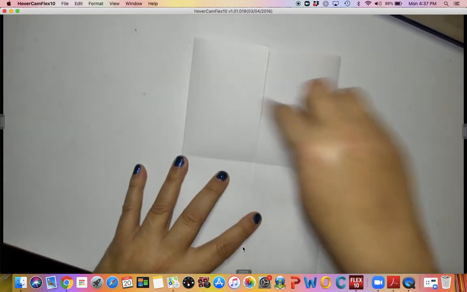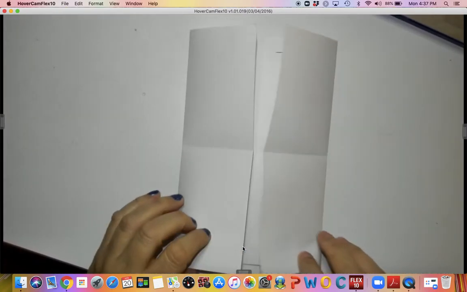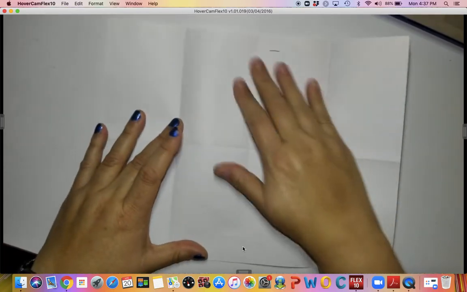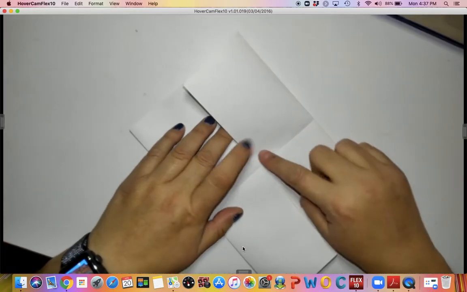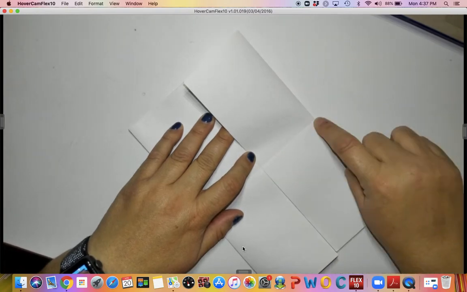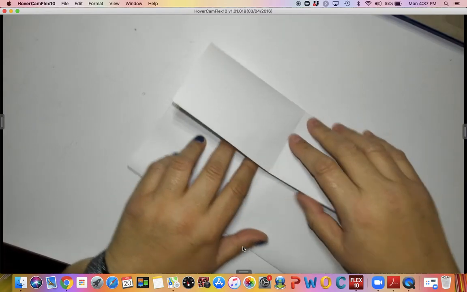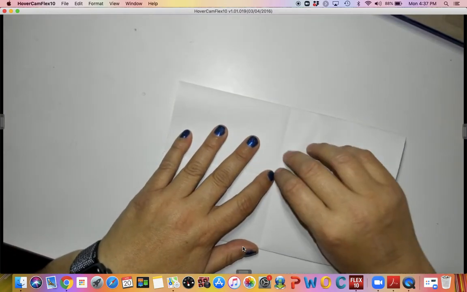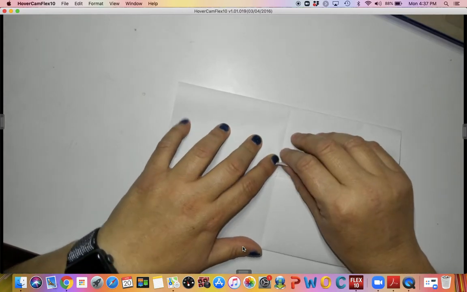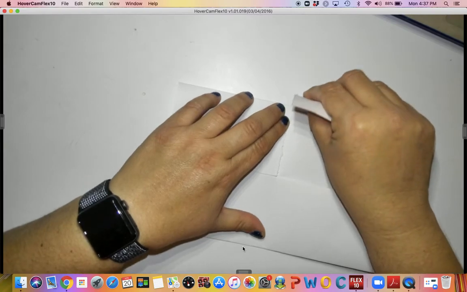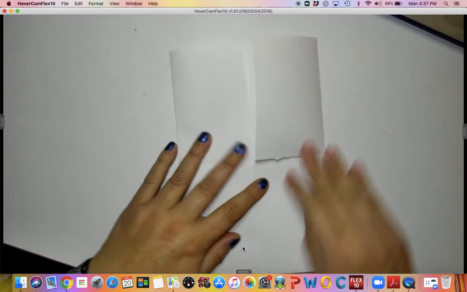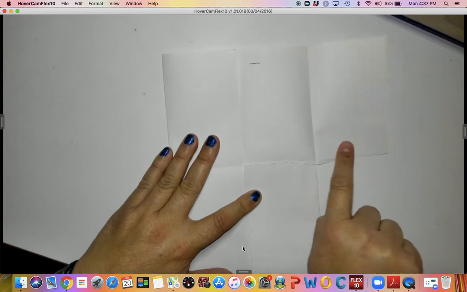So my paper should look like it has 4 little windows and then this back. So what I'm going to do now is take this part right here that I folded, and you can either cut it with scissors or you can rip it if you rip very carefully, so that I have little flappy windows that open.